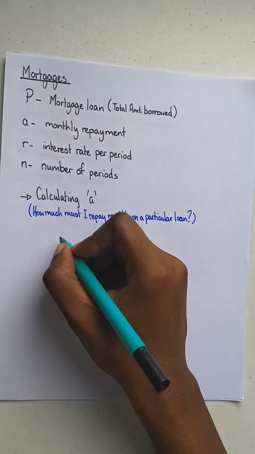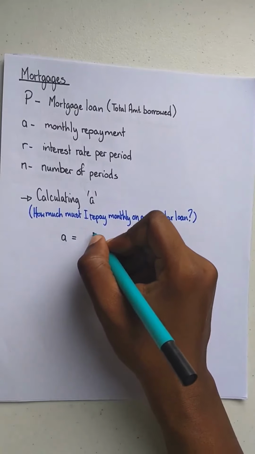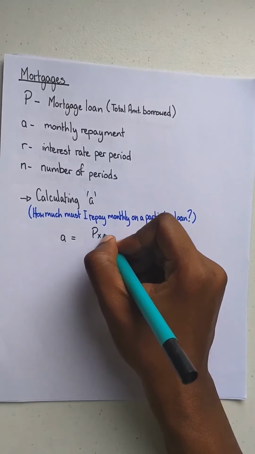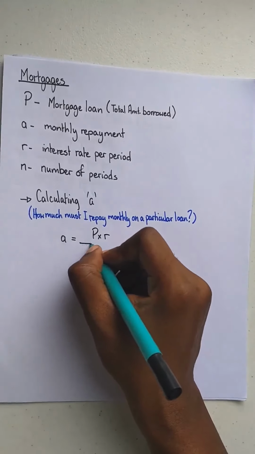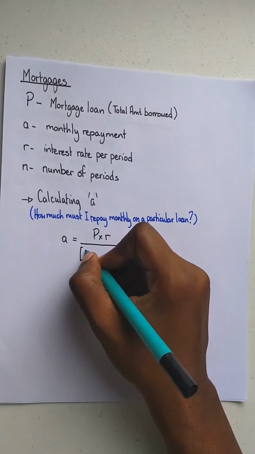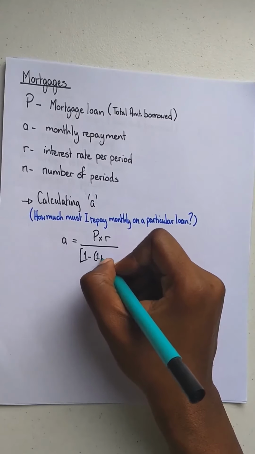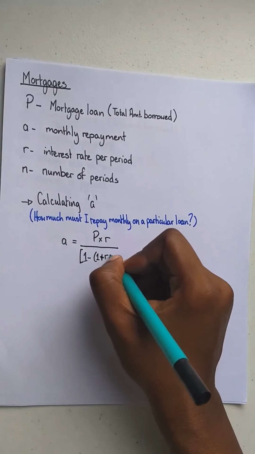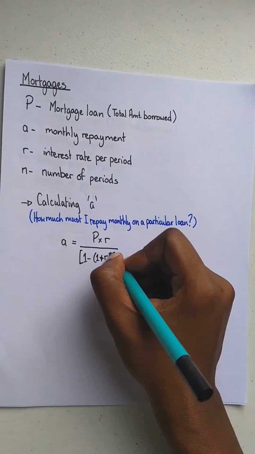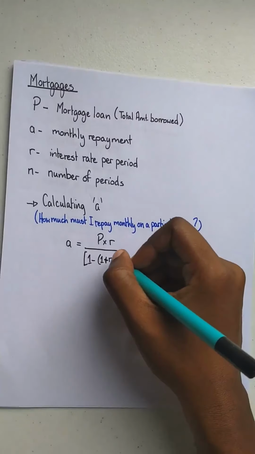And the formula that is employed is A is equal to P multiplied by R divided by, in brackets, 1 minus 1 plus R raised to the negative n. That's a negative sign.